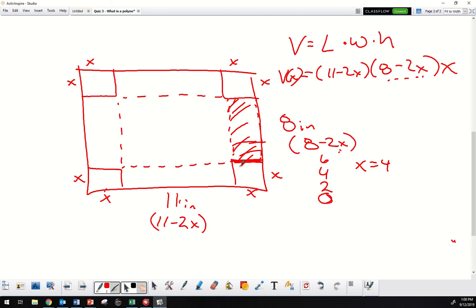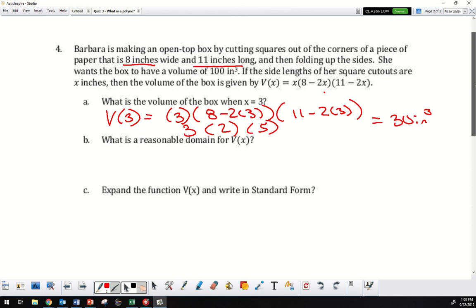So I could start off with numbers greater than 0, because I can't have a 0 cut and still have a volume. So I'm going to say my domain for this, that's the symbol for domain, would start at 0 but can't be equal to 0. So it's got to be greater than 0.